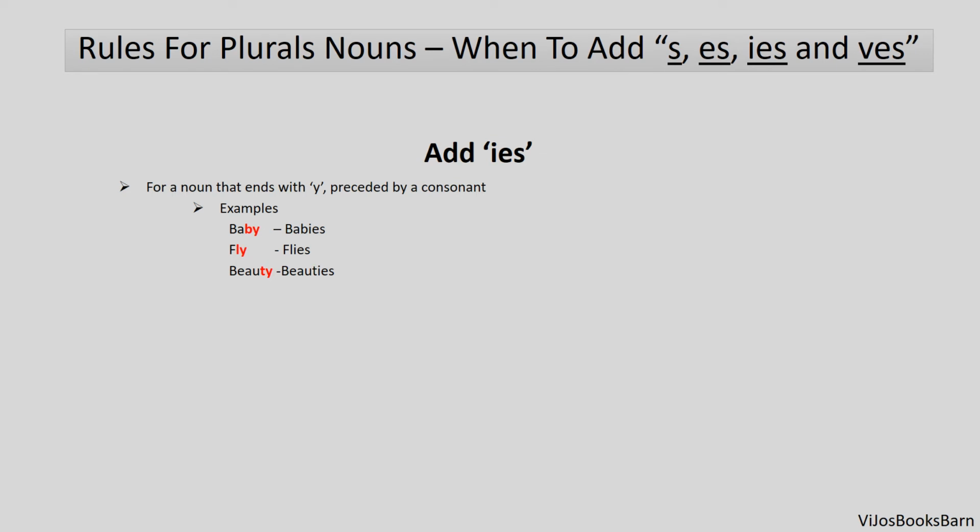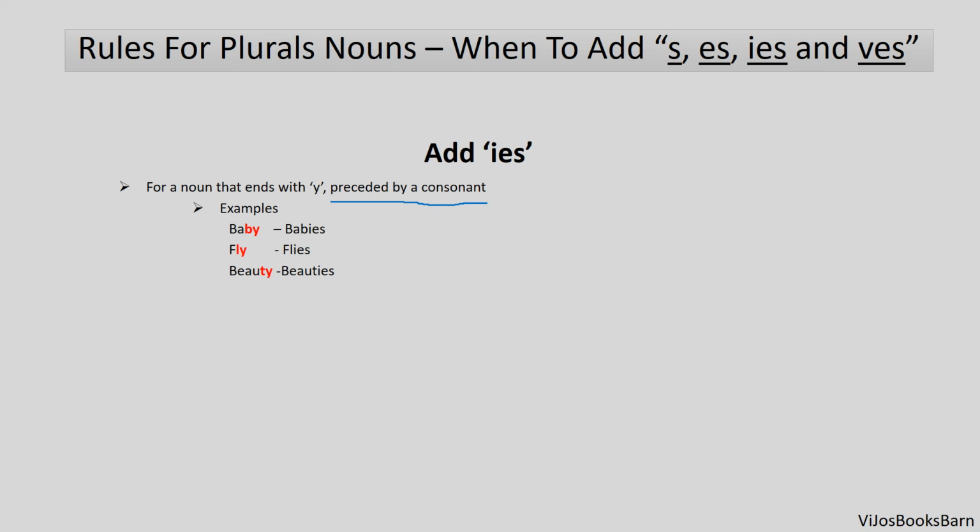And let's see when we have to add IES for a noun. For a noun that ends with Y preceded by a consonant. Earlier we saw when a word ending with Y is preceded by a vowel, we just add S. The first slide we saw that rule.